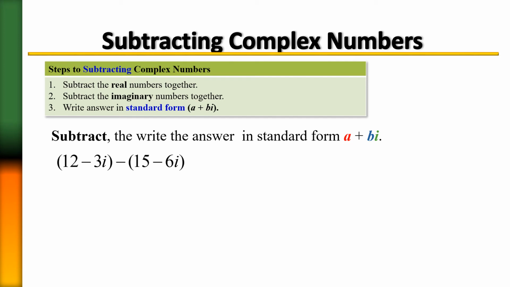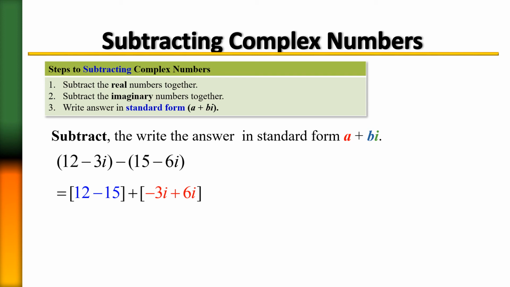So let's go ahead and do that. We're going to put the real with the real and the imaginary with the imaginary. Notice we have changed the signs of the 15 and the negative 6i. We changed them to their opposite. Now combining the real, we're combining a positive 12 with a negative 15, and that's going to give us a negative 3, because subtract, take the sign from the larger number.